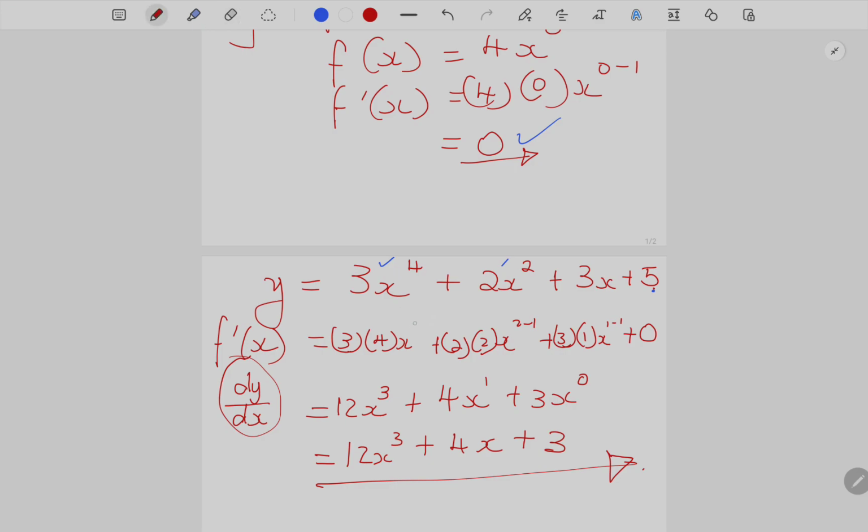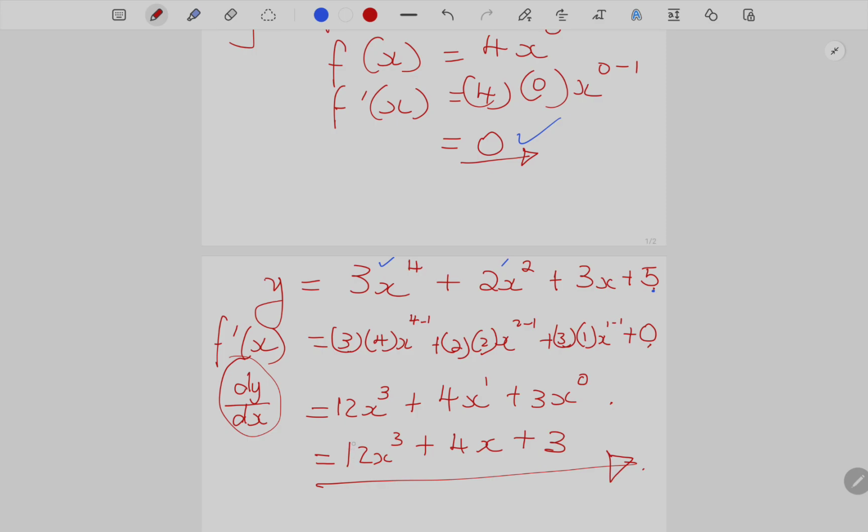So it's 3 times 4x to the power 4 minus 1 plus 2 times 2x to the power 2 minus 1 plus 3 times 1x to the power 1 minus 1 plus 0. Then 3 times 4 is 12x to the power 3 plus 4x to the power 1 plus 3x to the power 0. You don't need to write this 0 again in the next step.